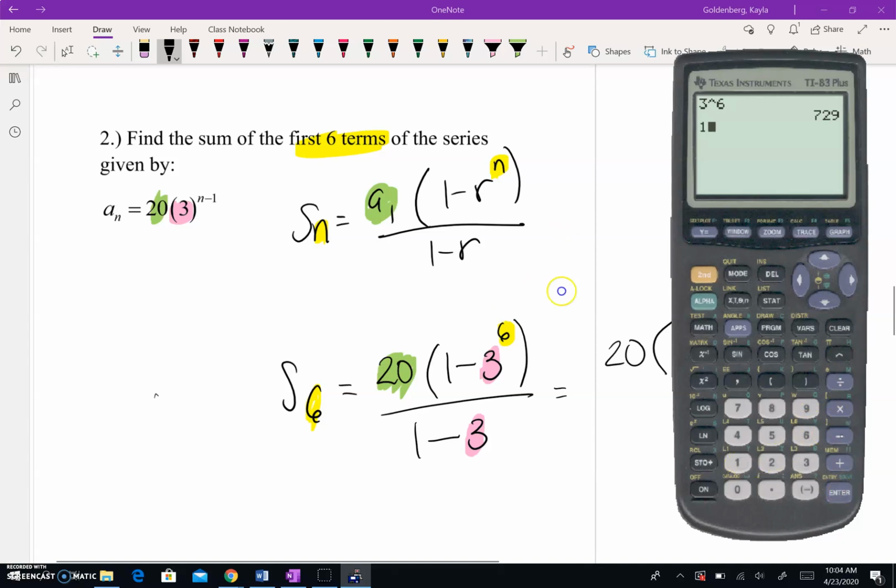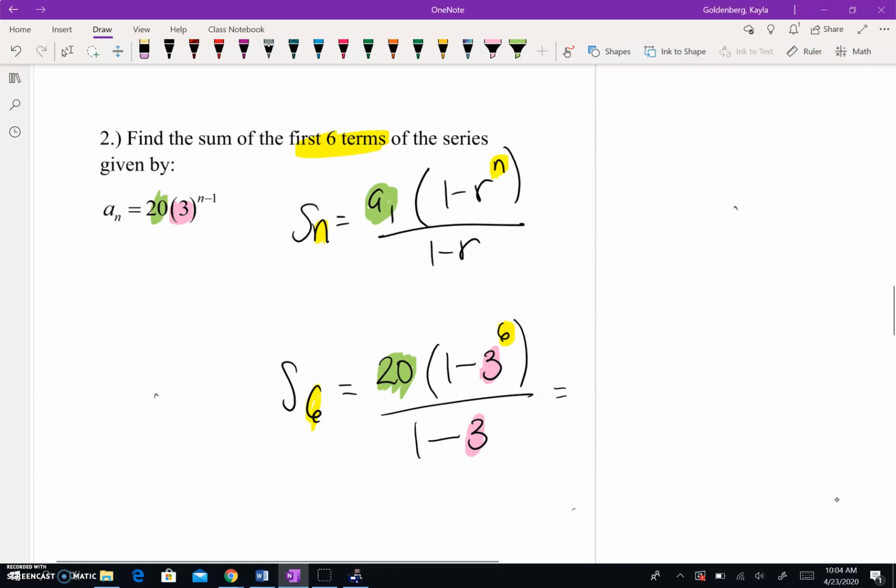So 1 minus, second, and remember that's a little negative sign. And then I want to do that times 20. So I'm just starting inside with the parentheses and going bit by bit. And then I have that times 20, and then I need to divide by 1 minus 3, which is going to be a negative 2. So 7280. I'm just going to write my answer out here to be easier.